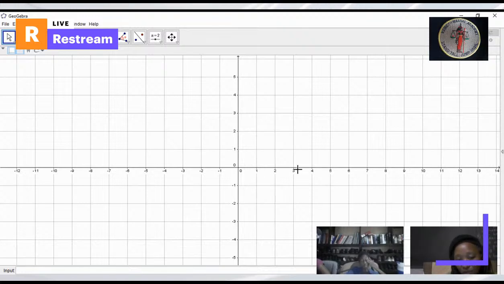So 1, 2, 3, 4. This is the positive x-axis. And here we have 0, or the origin, (0, 0), dead center, bullseye. To the left of that, we go to our negative x-axis. So from -1, -2, -3 to infinity.